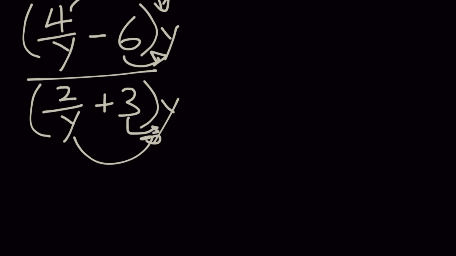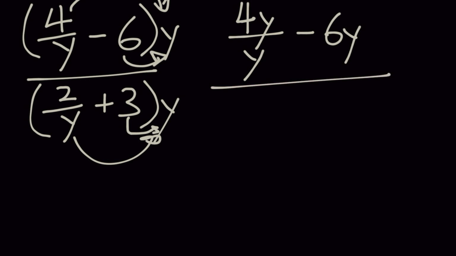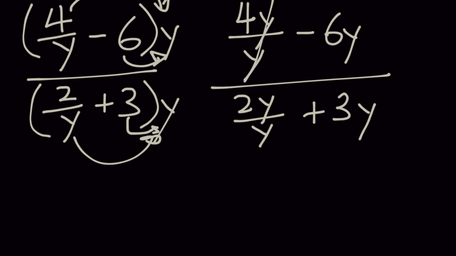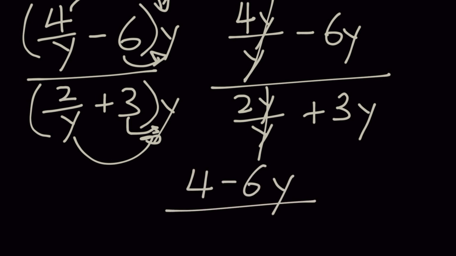So for the numerator, we will have 4y over y minus 6y. For the denominator, we'll have 2y over y plus 3y. Now this crosses out and this crosses out. So we end up with 4 minus 6y over 2 plus 3y. And that's our answer.